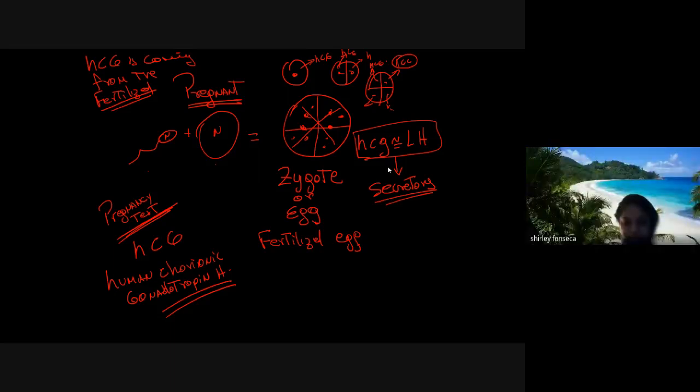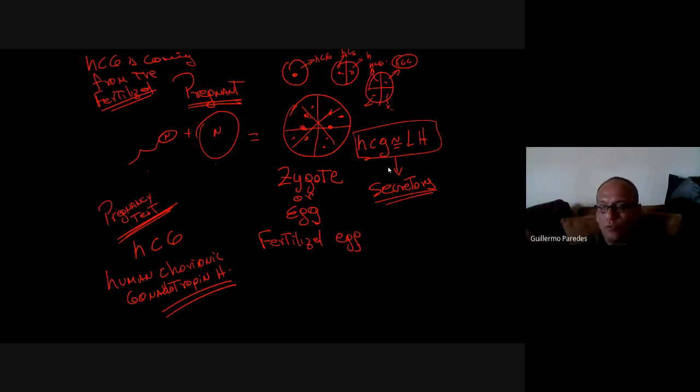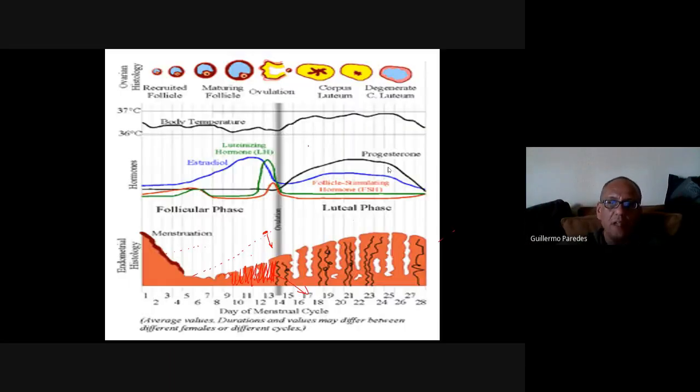Okay. So what I want you to remember, just a summary here: we have the menstrual period, 28 days. There are 2 organs that participate in the menstrual cycle. Number 1, the ovary, and number 2, the endometrium. The ovary has 2 phases, and the endometrium has 2 phases. The ovary has the follicular phase and the luteal phase.